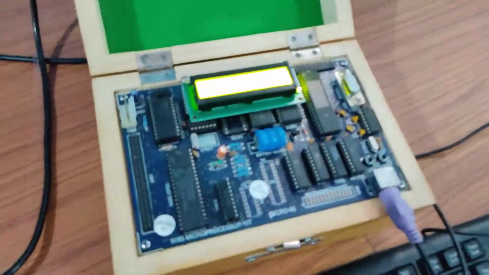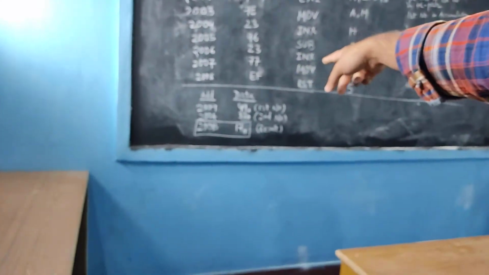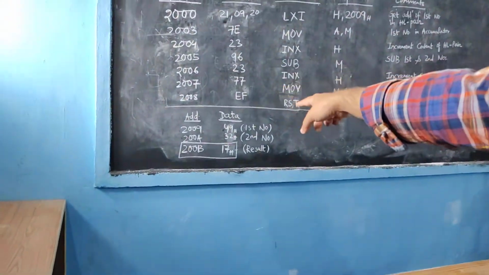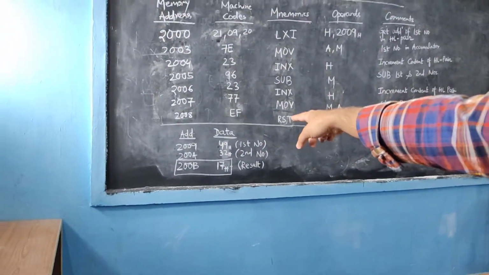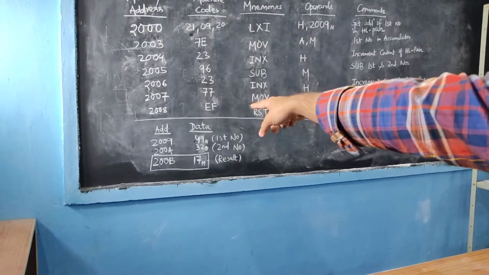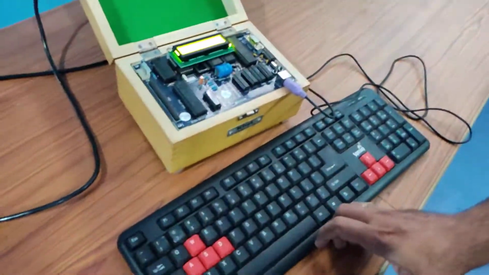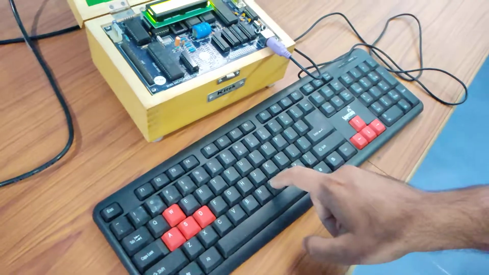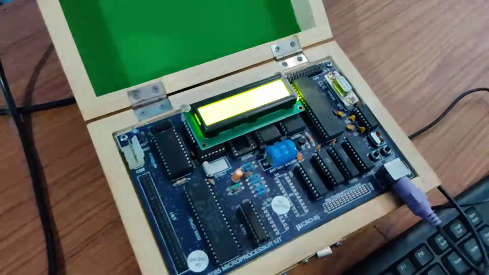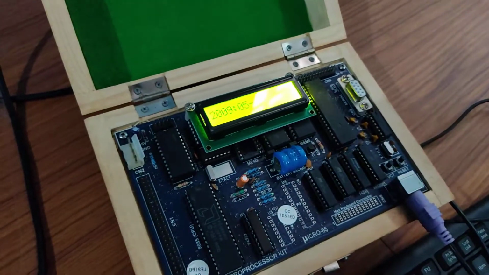Your next job is to give two inputs. At address 2009 you have to give the first number, and at 200A you have to give the second number. Suppose at 2009 the first number is 49H. You go to memory address, M 2009, Enter.